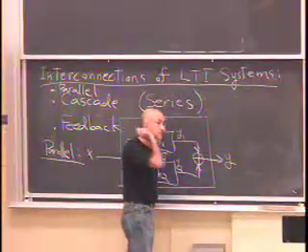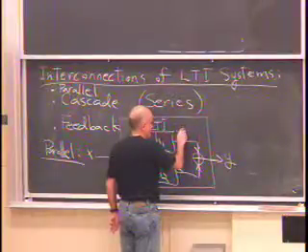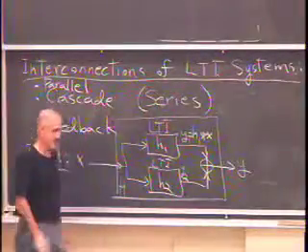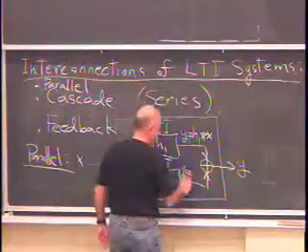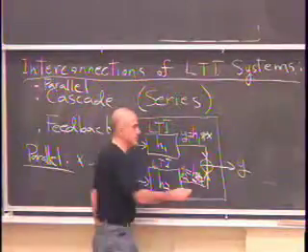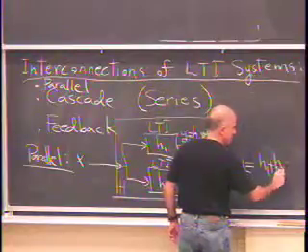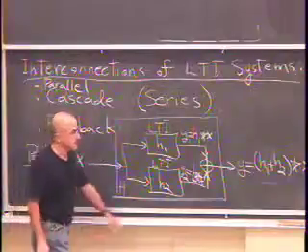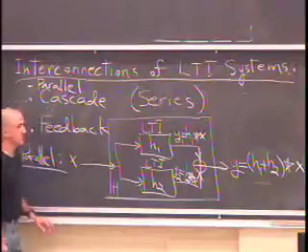H1 convolved with X. And the other one is H2 star X. And so the overall response is simply H1 plus H2 star X. Convolution has a distributive property over addition that's easy to prove if you just plug it into the definition.